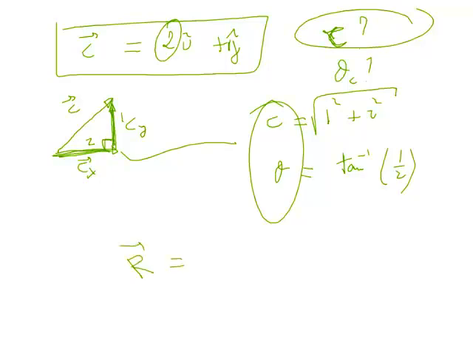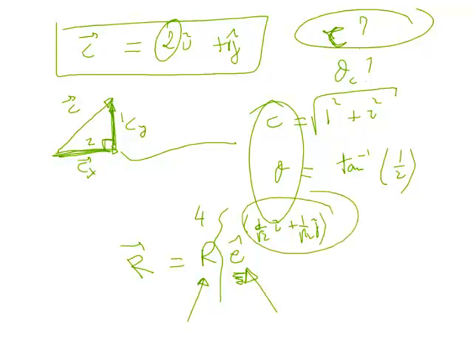The advantage of unit vector notation, R is equal to R times e, e being the generic unit vector, is that we have separated its magnitude from its direction, and it's right there. So if we need it, bing, bam, boom. For example, e might be, I don't know, 1 over square root of 2 i plus 1 over square root of 2 j. So this is the direction, and this is the magnitude. So the advantage of unit vector notation is we can extract the magnitude automatically.